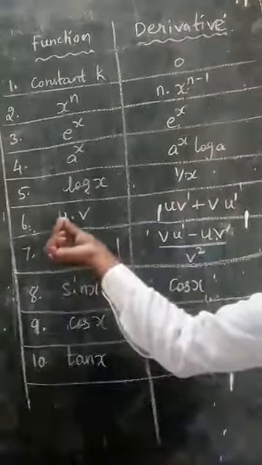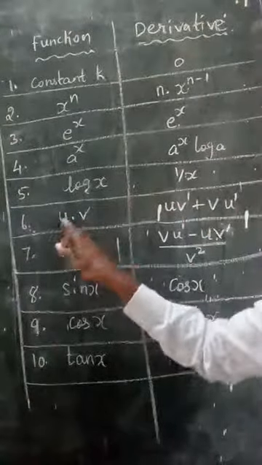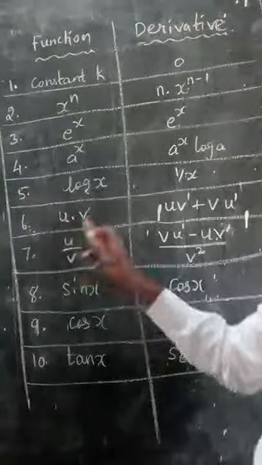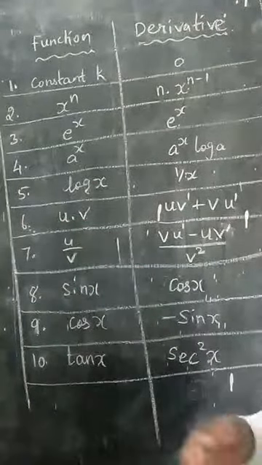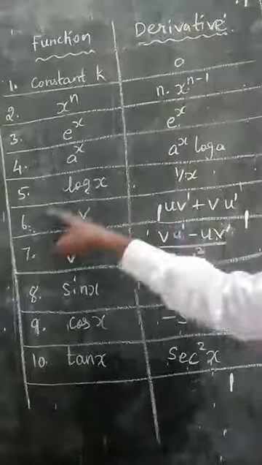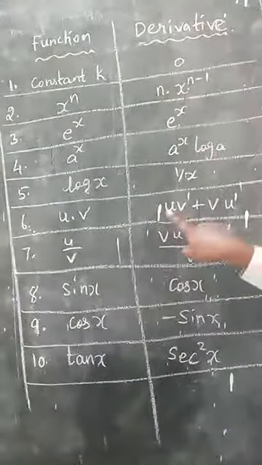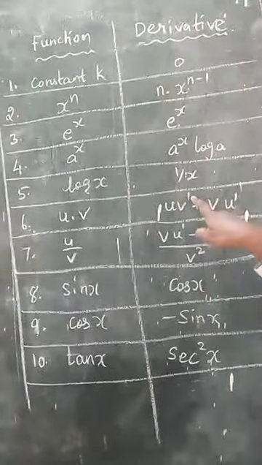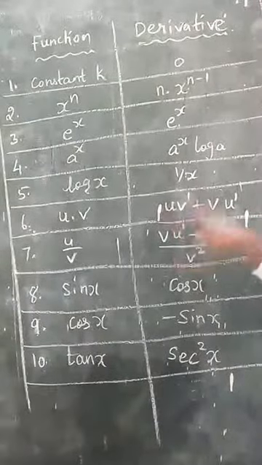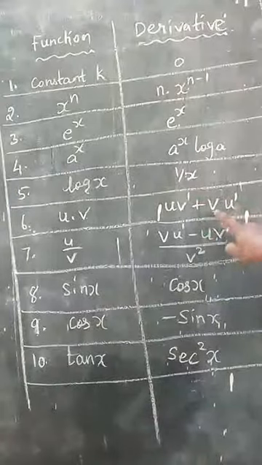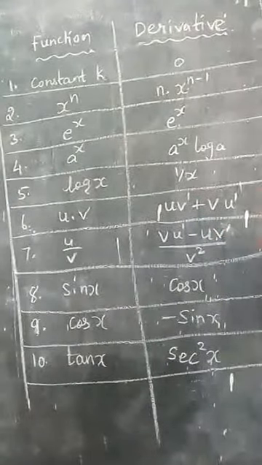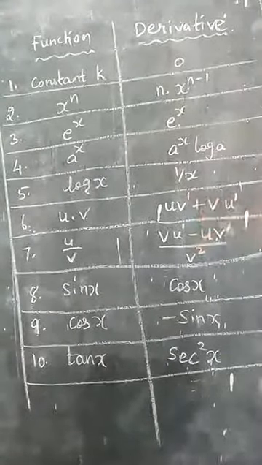And this is called the product rule, u dot v. When we differentiate two functions which are in multiplication, which are in product, then we will use the product rule of differentiation. The answer is u into v dash plus v into u dash. The meaning of dash stands for differentiation.